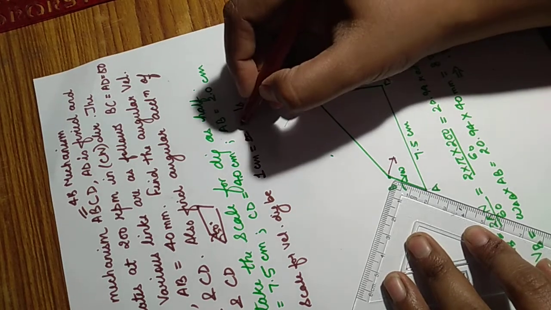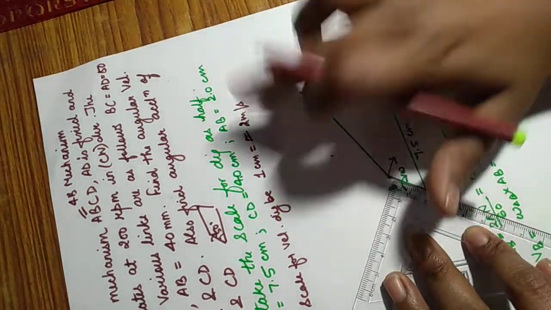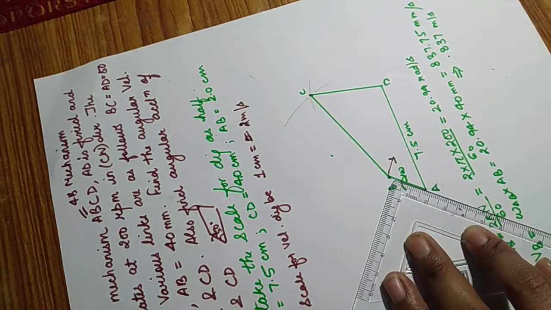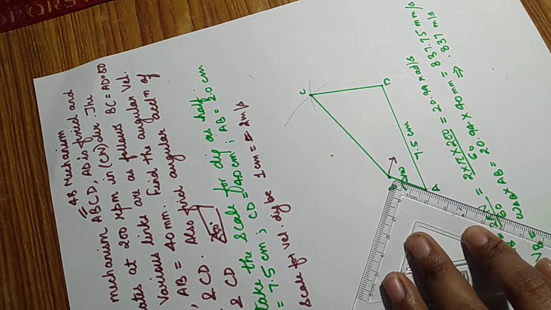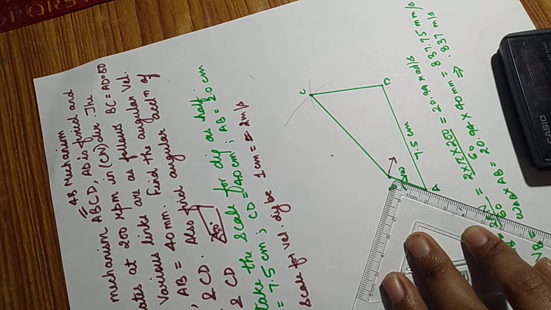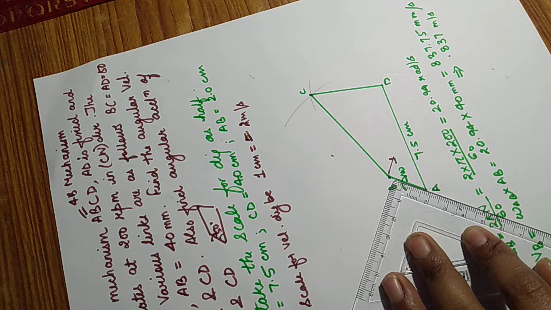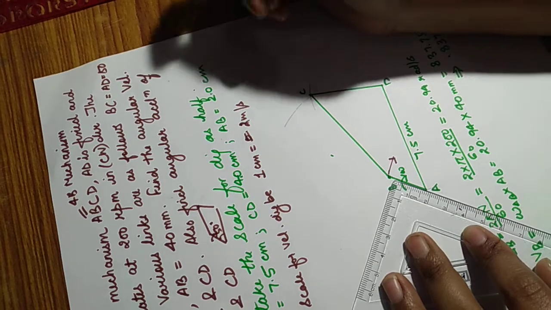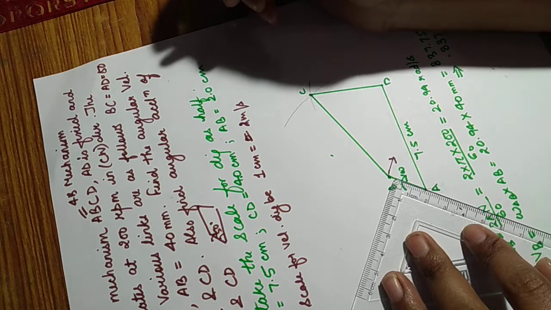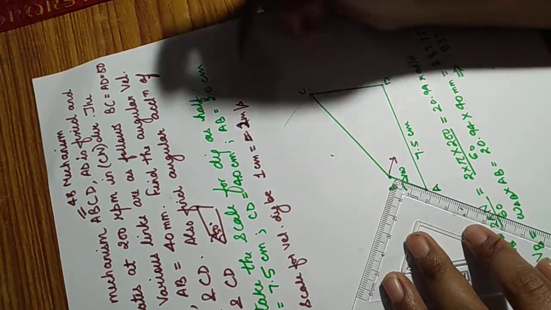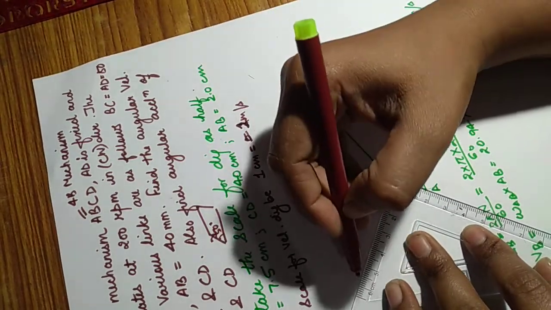If we take 1 centimeter equal to 2 meter per second, then 0.8 into 2 will give you a 1.6 centimeter diagram. Let me take the same scale, so I am doing 0.8 particularly.